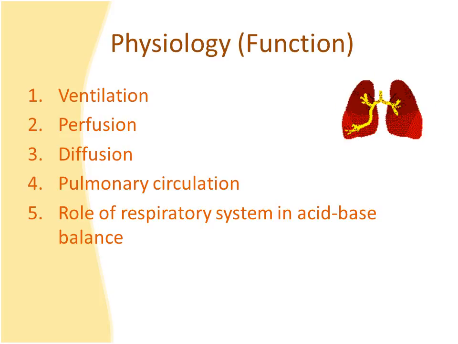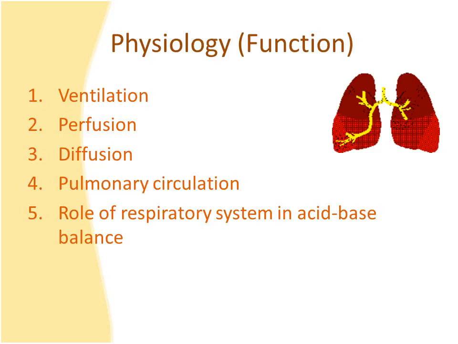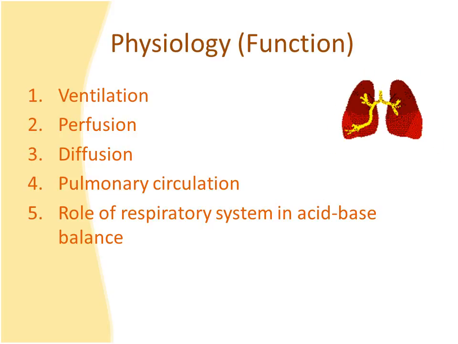Now, how does the respiratory system do this? It all comes back to carbon dioxide. Carbon dioxide has the potential to become a weak acid. So when carbon dioxide is mixed with water, we get carbonic acid. And by excreting or retaining carbon dioxide, the lungs can impact the pH.